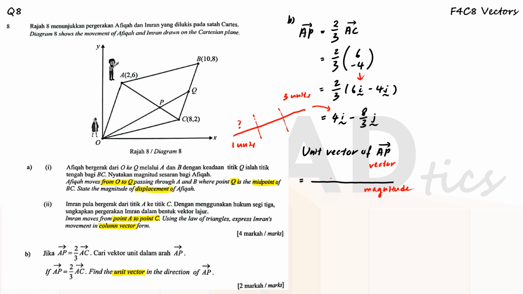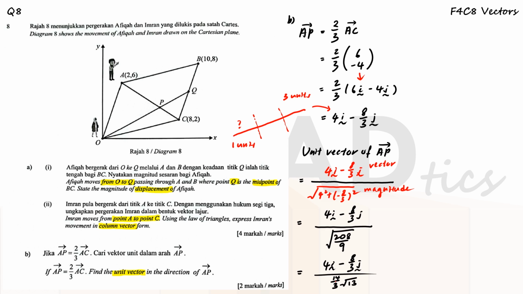Okay, so for the vector, I will need to put it here, 4i minus 8 over 3j, and the magnitude will be using the Pythagoras theorem, 4 square plus minus 8 over 3 square. Okay, so once I simplify, it will be something like this, and then I need to simplify this square root. So this is the value. Okay, so the 9, if I put it out, we need to square root 9, so it becomes 3.